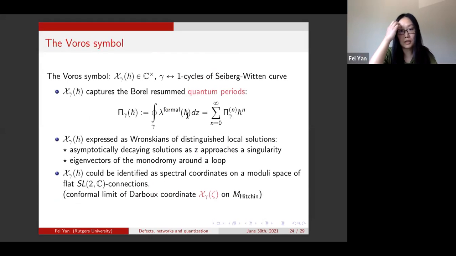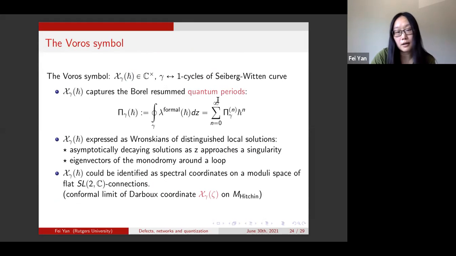So what are some observables you could compute in this business? One could study the so-called Voros symbols. Those are C star valued functions in h bar. So those are actual functions in h bar labeled by one cycles of the spectral curve. There are some nice properties of the Voros symbol. The first one is that the Voros symbol captures the Borel summed quantum periods.